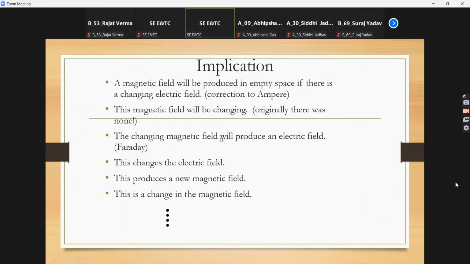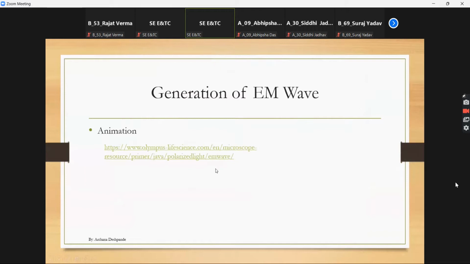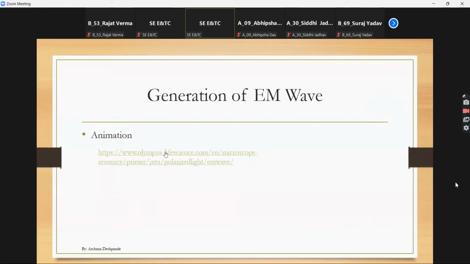This magnetic field will again produce the electric field because of Faraday's law. This change in electric field again produces the magnetic field, and again there is an electric field. This will go on, and this is how the EM wave will propagate. We can see this particular propagation in this small simulation.